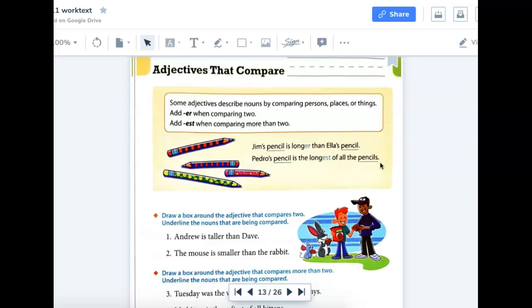How many nouns are we comparing in this sentence? Well, we don't exactly know because it just says all the pencils. So we're going to assume and guess that there are more than two pencils. It also shows in this picture that there are four pencils. So that's why we added est to the adjective long.